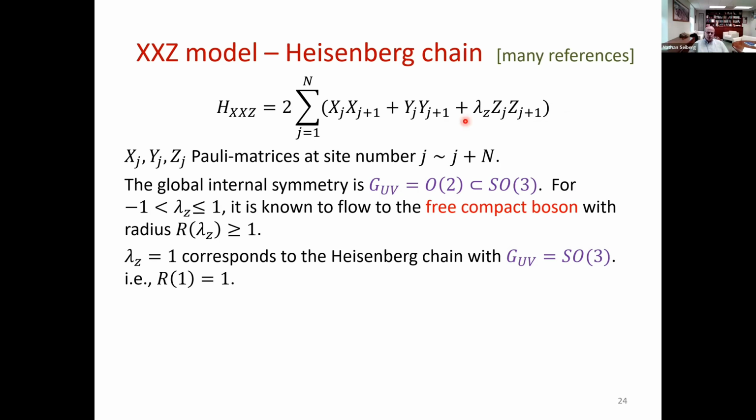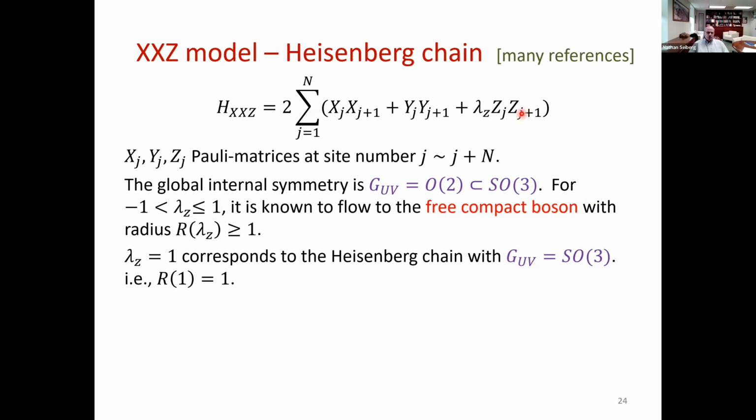The internal symmetry in the UV is O2, because I can rotate X into Y, and I can also flip the sign of X and Y. And that's a subgroup of SO3, which exists only when lambda Z is 1, and then we can permute all these matrices.